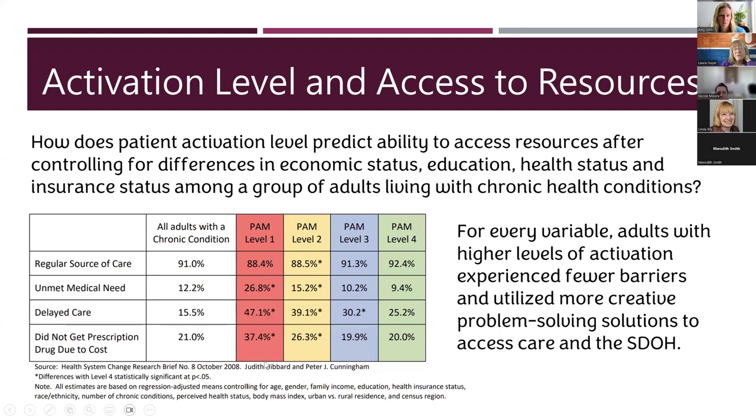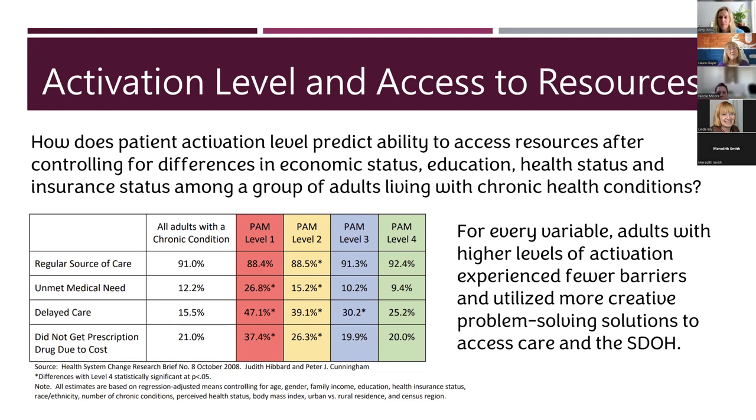And when we look at those at the lowest level of activation, and then go all the way across to those who are the most highly activated, we can see that for every variable of those 4, adults with higher levels of activation experience fewer barriers, and they utilize more creative problem-solving solutions to access care.